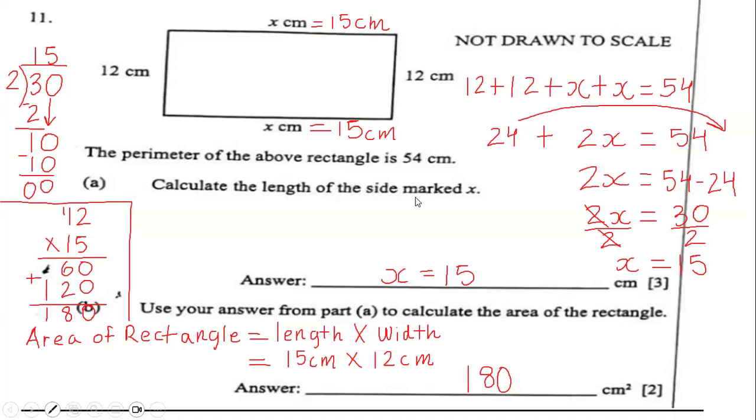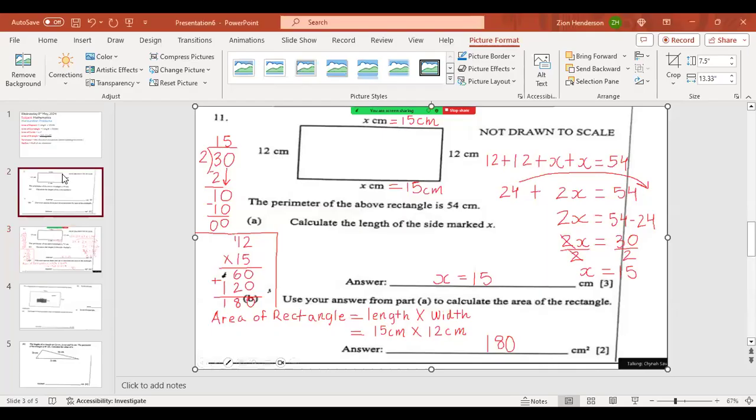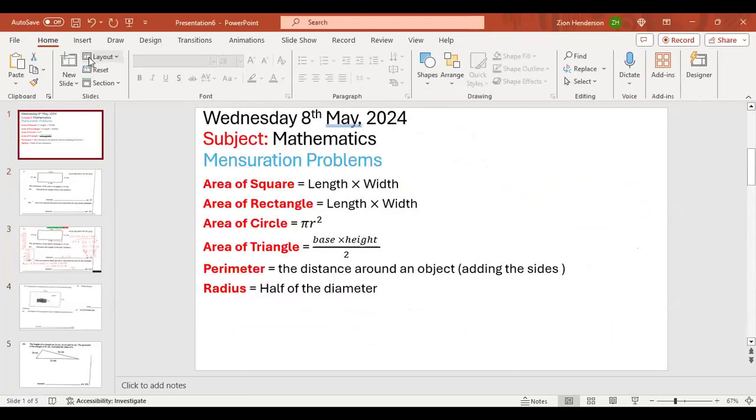Let me put this first inside of here, and then we're going to send the first slide. Let me erase all this stuff. Clear all drawings. All right, again, take a picture of your work and send it to me via WhatsApp. So the first slide was just a list of formulas, right?